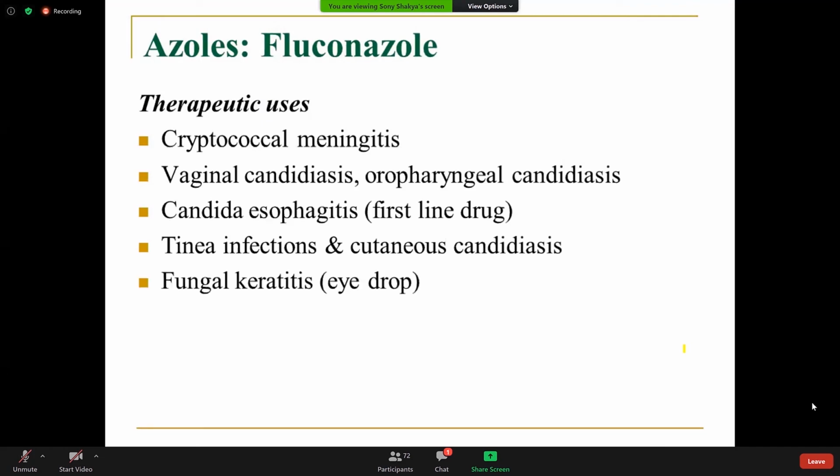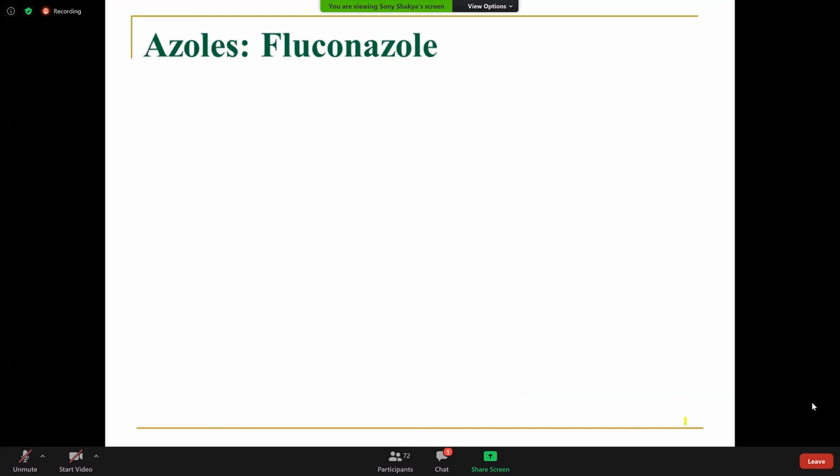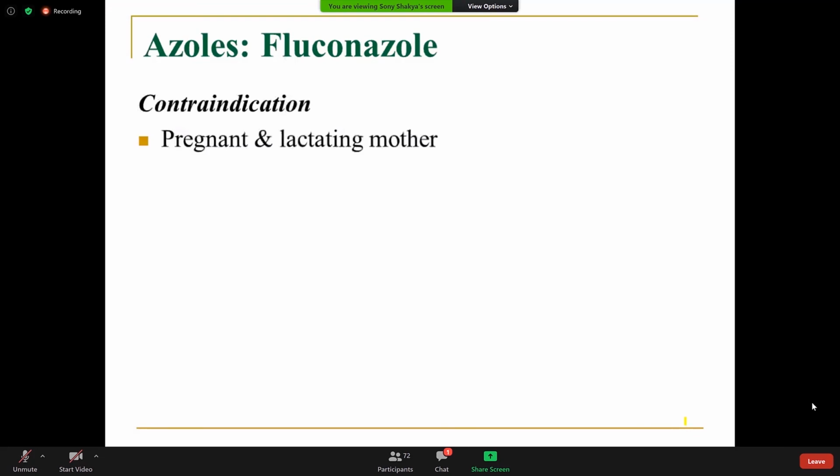In the form of eye drops it is used. Adverse effects are again GI effects: nausea, vomiting, abdominal pain, rashes, headache. Contraindication is the same, in pregnancy and lactating mothers you can't give fluconazole.